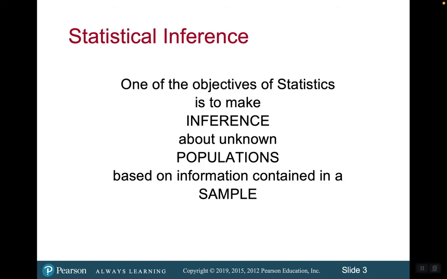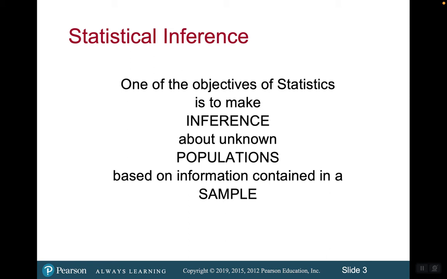All right. So going back, we talked about statistical inference, and the fundamental thing to remember about statistical inference is that our objective is to make an inference about unknown populations based upon the information contained within a sample.